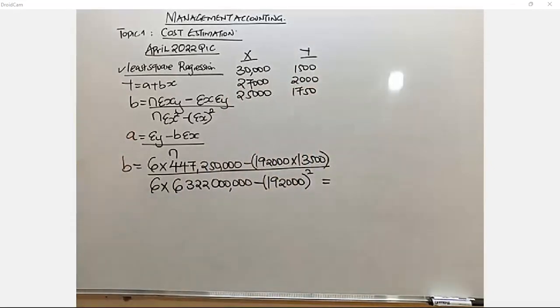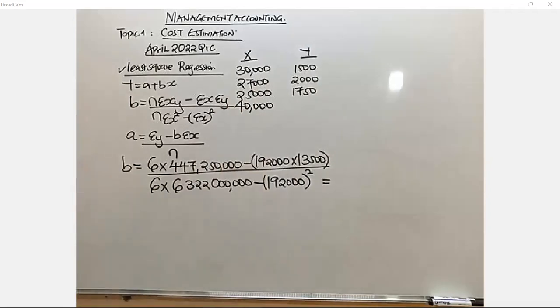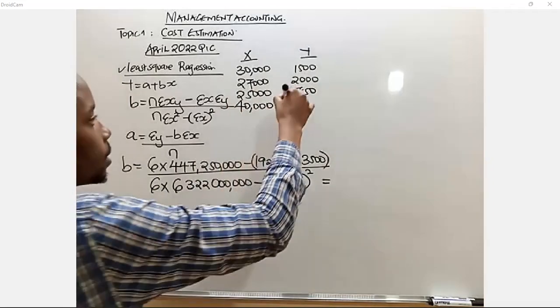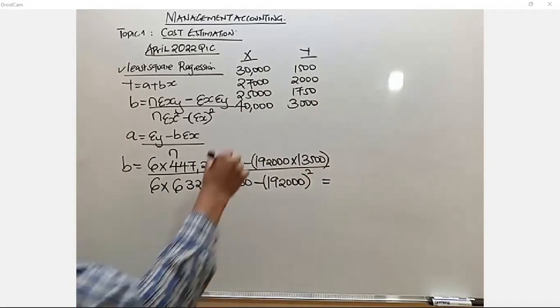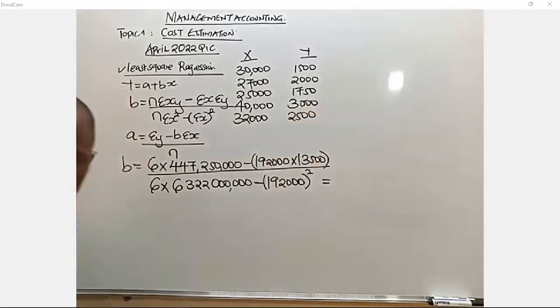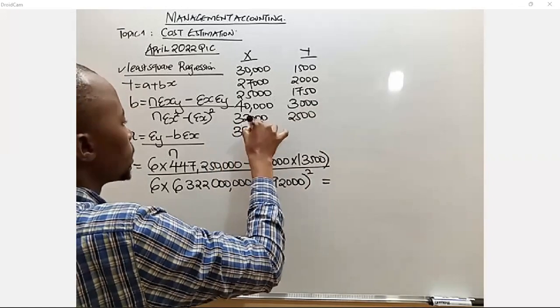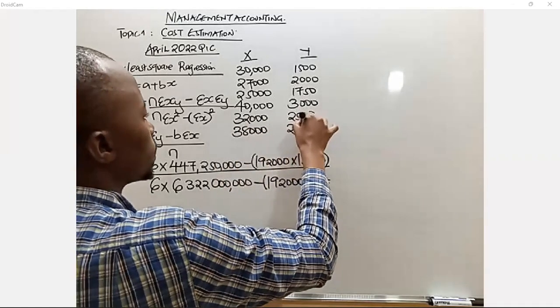We have 40,000 and 3,000. Then we have another one, 43,000 and 32,000, and 2,500. Then the last one should be 38,000 and 2,750.